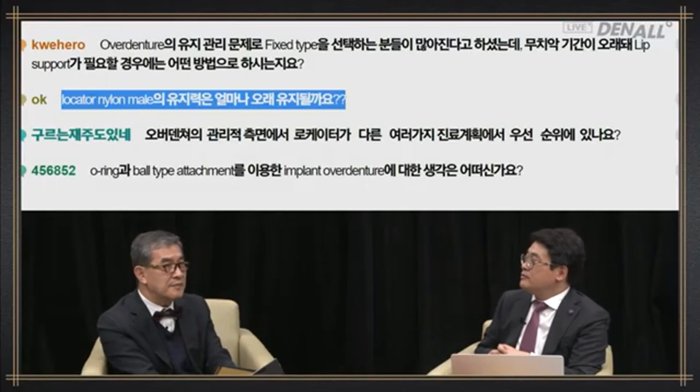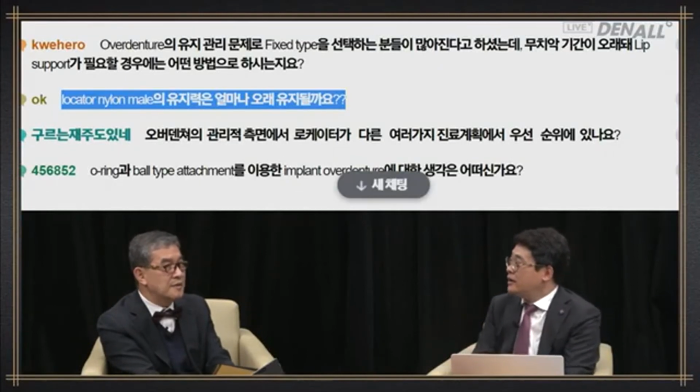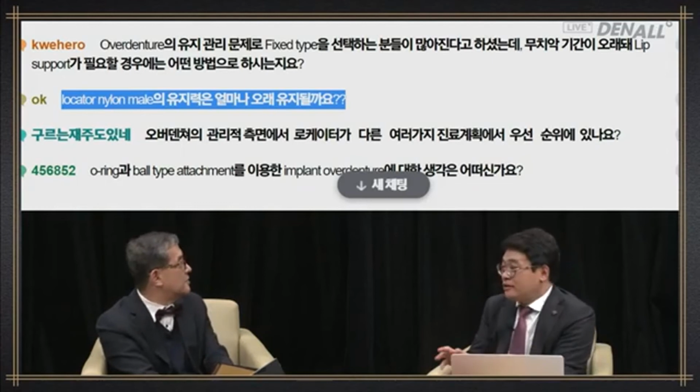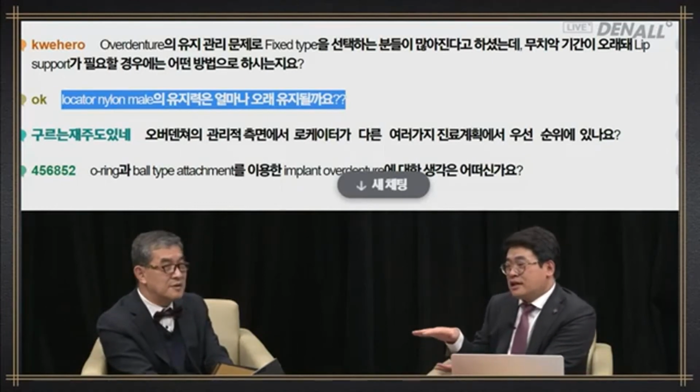To add, there are things that we do differently depending on the problem, so therefore you need to have an established maintenance protocol. You need to inform the patient of the cost ahead rather than asking for additional money after 1 or 2 years for repair. From the get-go, we need to tell how much the overdenture costs and how much it's going to cost in terms of maintenance.